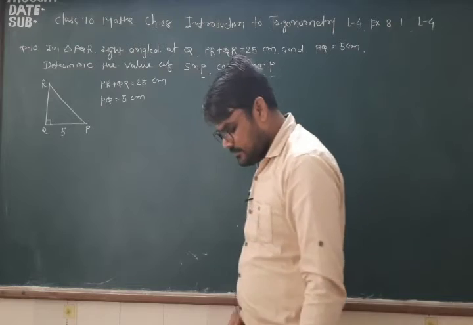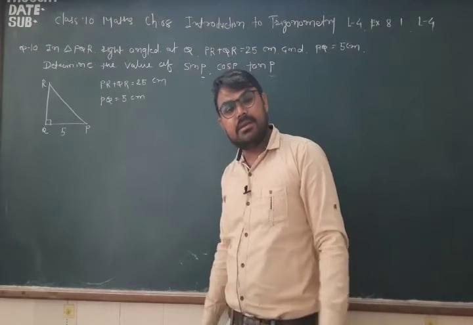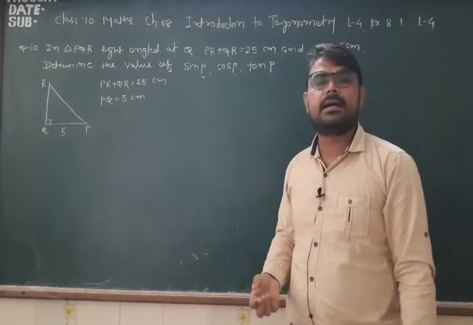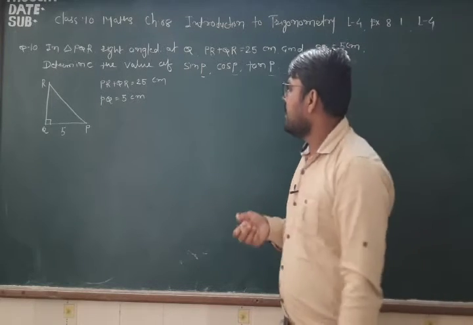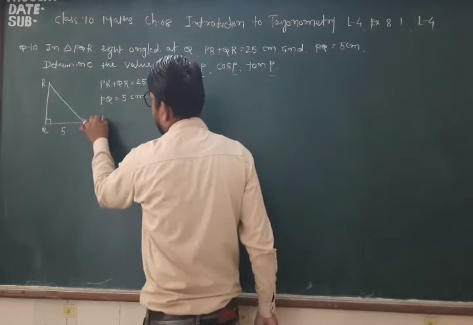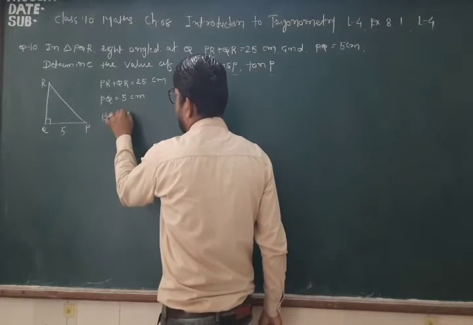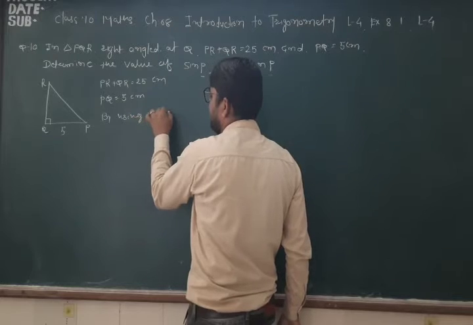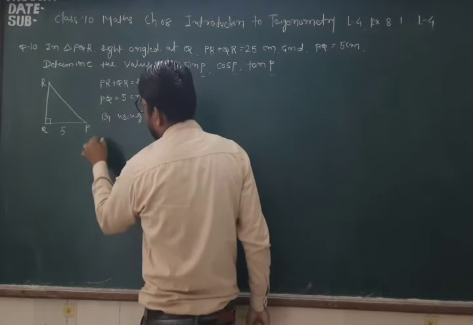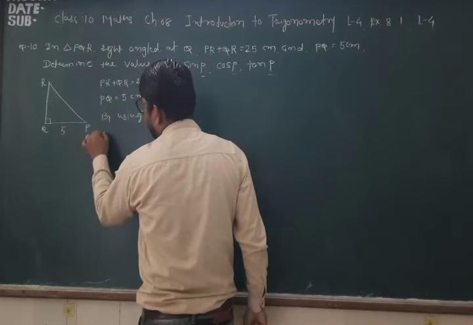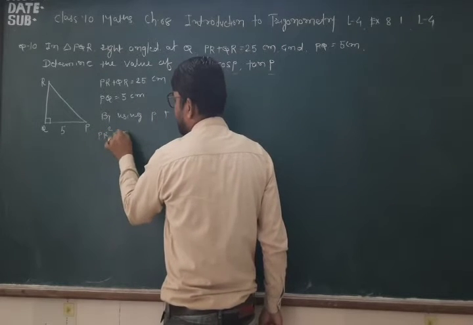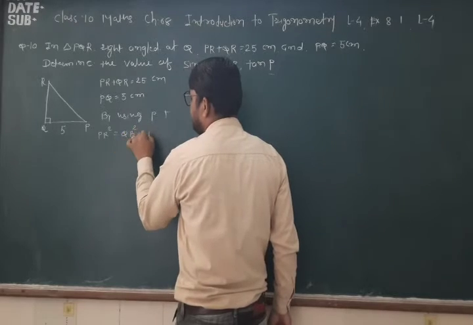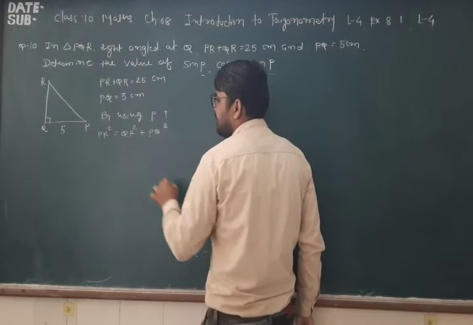Okay. And friends, remember, whenever we need to find the remaining side of a right triangle, we have a very good theorem that is Pythagoras theorem. So by using Pythagoras theorem, PR square equal to QR square plus PQ square, right?